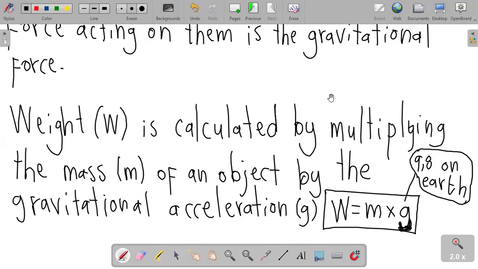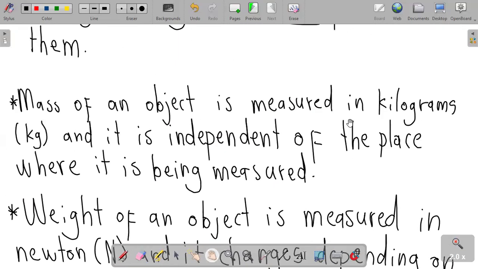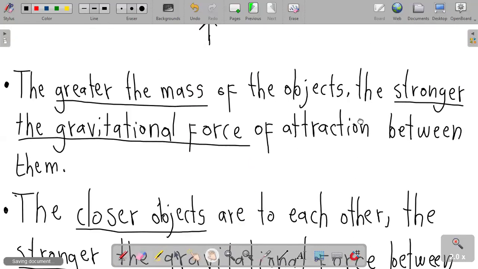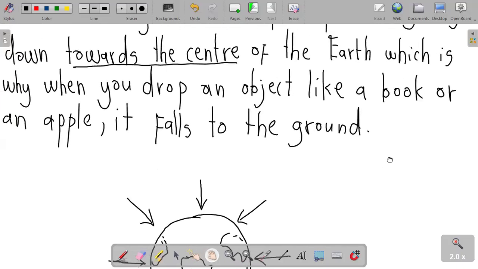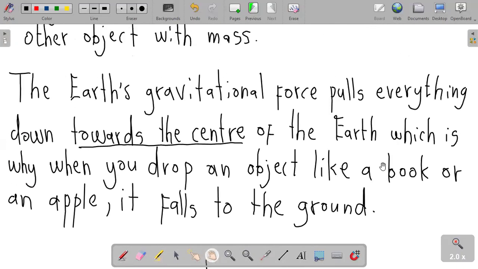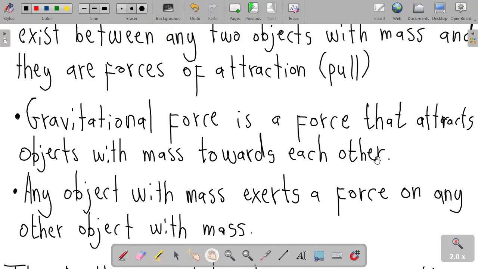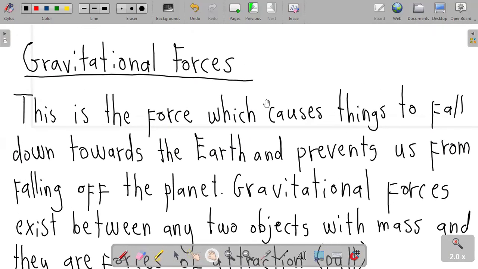In the other lessons, I will talk about the other types of fields and the other types of forces that come with them. In this case, we talked about the gravitational field only, and what comes with the gravitational field is gravitational forces.